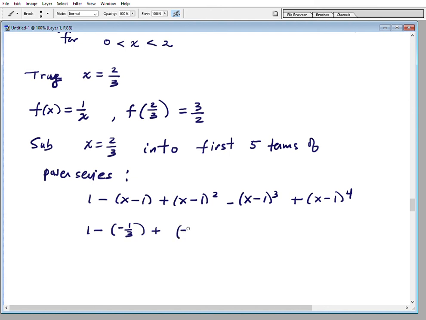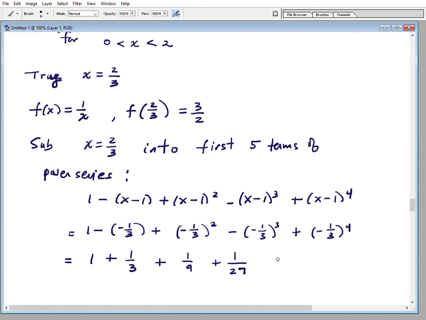And here we have minus the third squared, minus the third cubed. So I'm just going to write this out: 1 plus a third plus a ninth. This is 1/9. This is minus 1 over 27, and with this minus, it turns into plus 1 over 27. And this is 1 over 81.